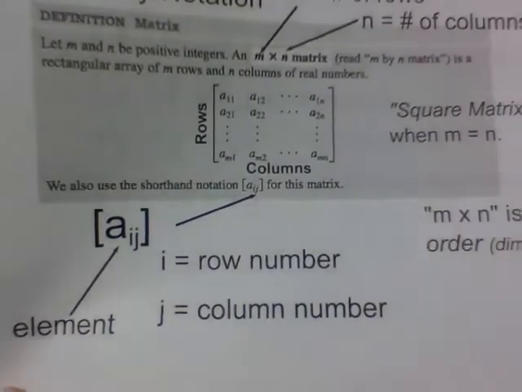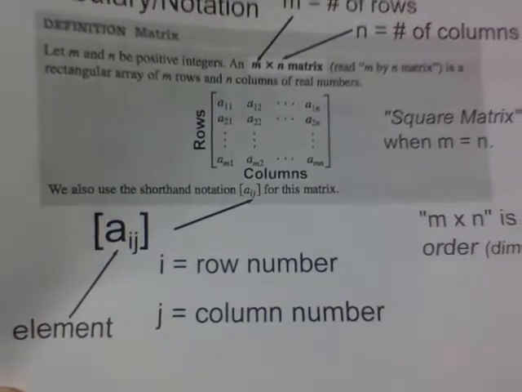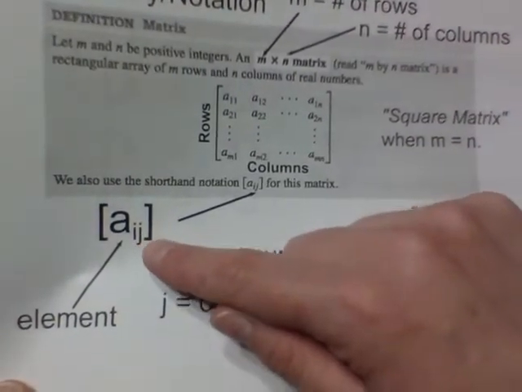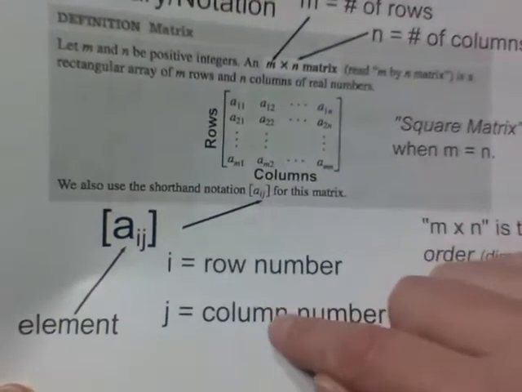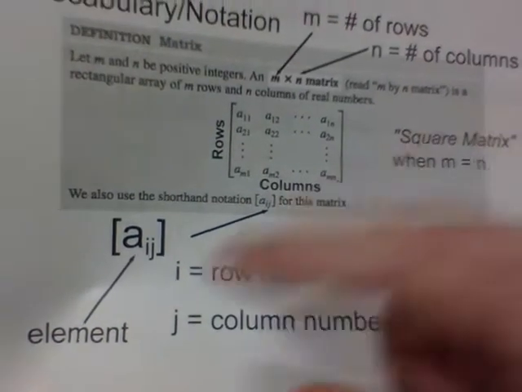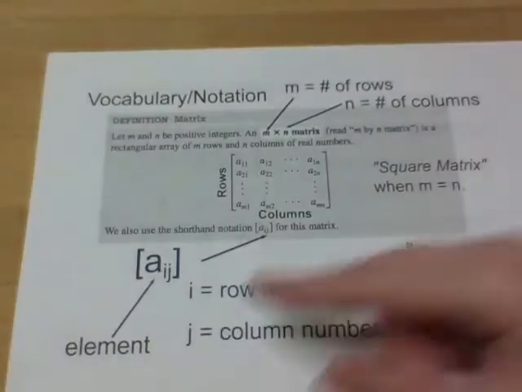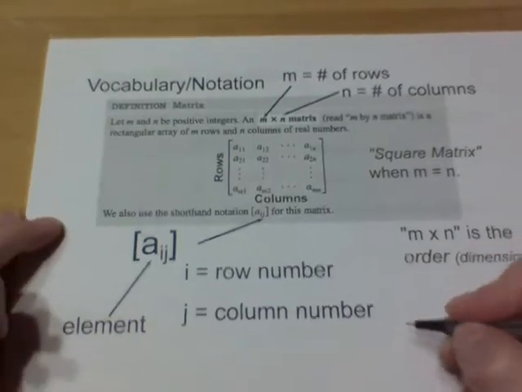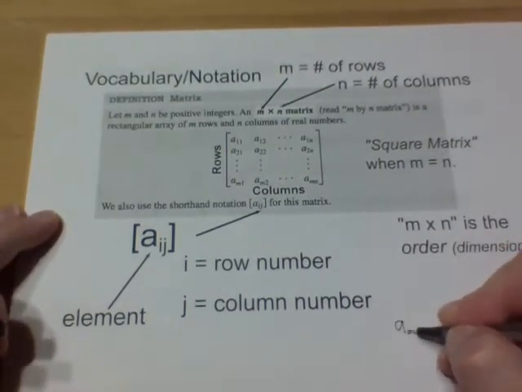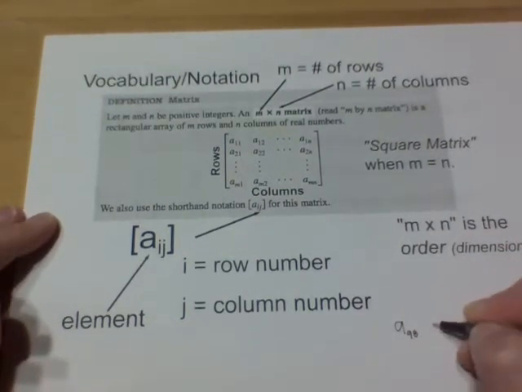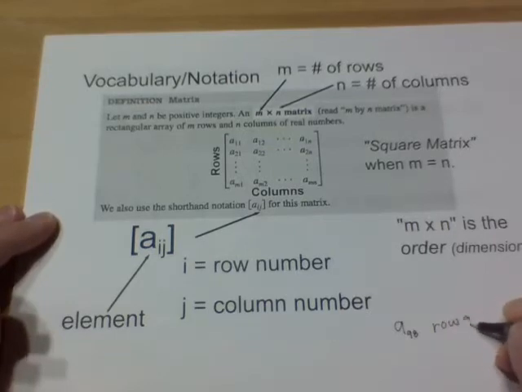And each element within each piece has this identifying digit down here of rows and columns. So if you put, for instance, A sub 98, that's going to mean that we're talking about row 9, column 8.